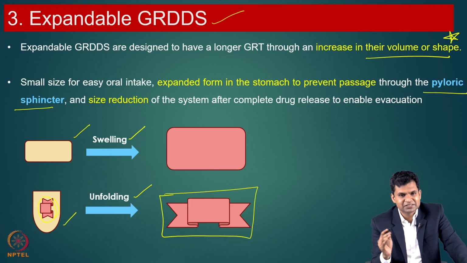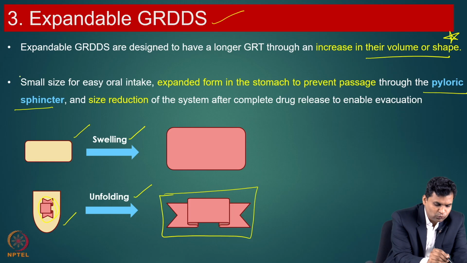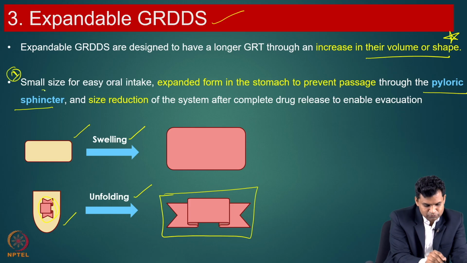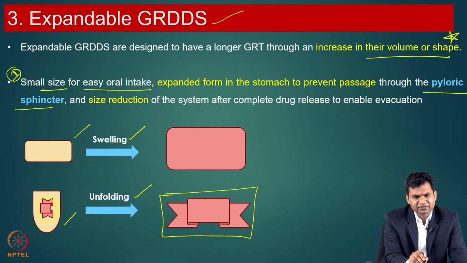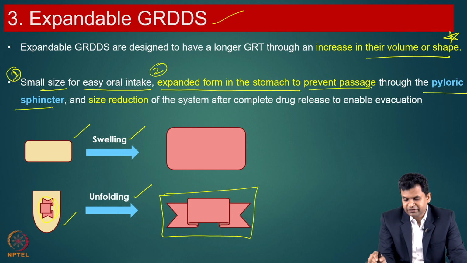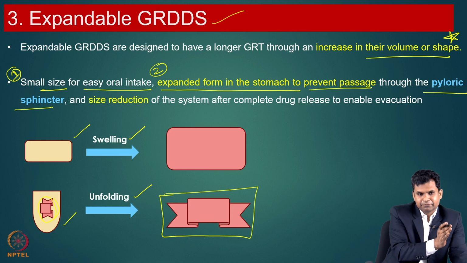It happens in three different stages. At stage 1, the size is very small and easy for intake. After administration, it will expand in the stomach to prevent gastric emptying.